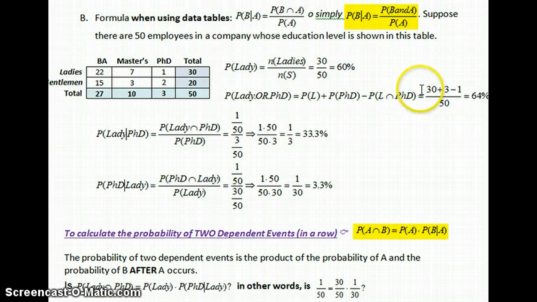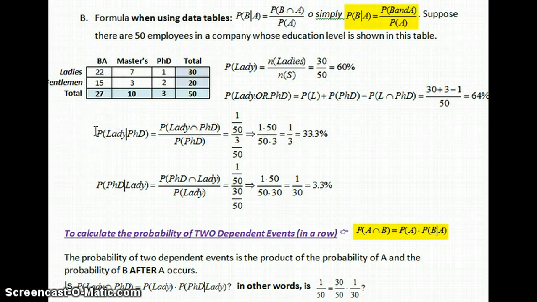So this is going to be 30 ladies over 50, plus 3 persons with a PhD over 50, minus the common region, which is here, it's 1, right? So if you add all these together, that's 32 over 50, which is 64%, and we knew it would be more than 60%.